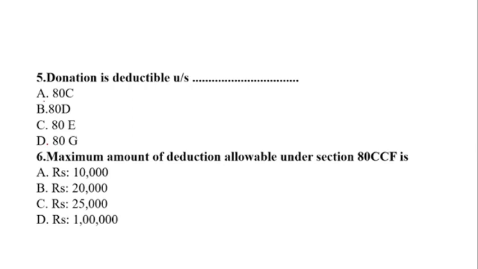Yes, good. It is not 80D; for donation it's G for gift. So option D is the correct answer. Now question 6: the maximum amount of deduction allowed under section 80CCF is how much? The maximum amount of deduction allowed under section 80CCF.